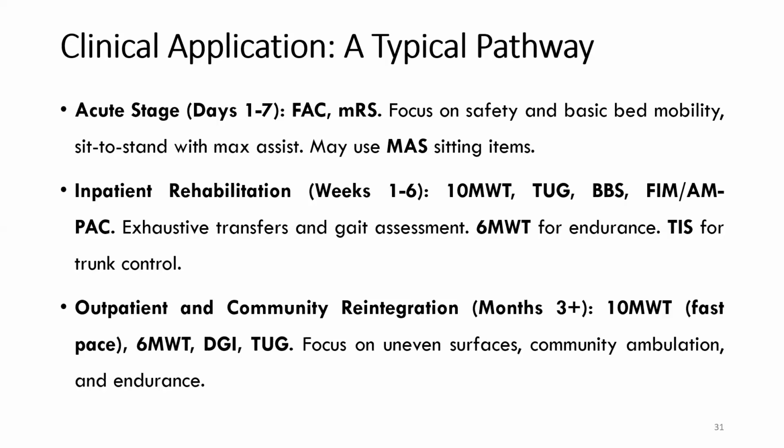So you can introduce your patient to uneven surfaces, because at this stage, your patient is being reintegrated back to his or her own normal previous life activities. Maybe there is community ambulation and endurance also seen at this level of the patient recovery.